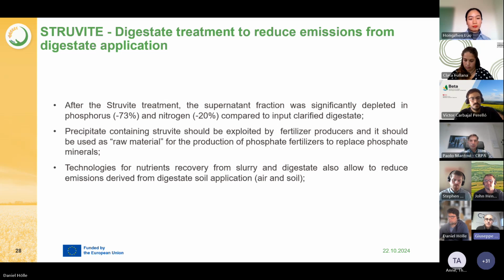And also the precipitate containing struvite could be exploited by a fertilizer producer, and it could be used as raw material for the production of phosphate fertilizers. But this point will be investigated better in the next webinar.